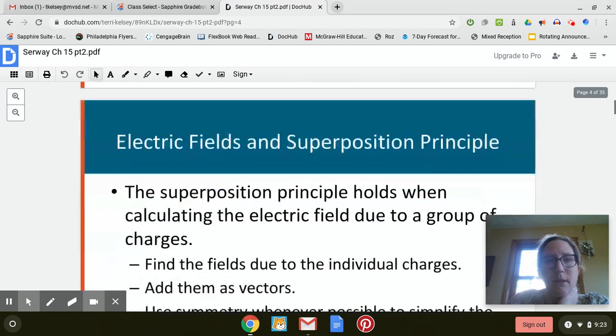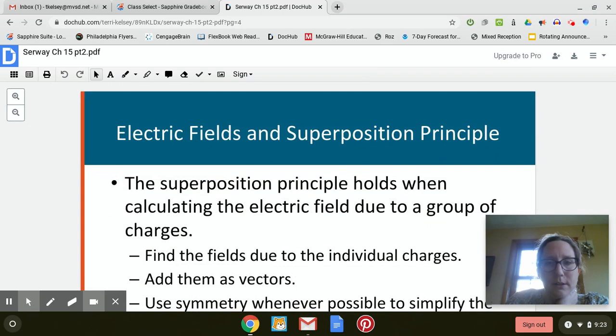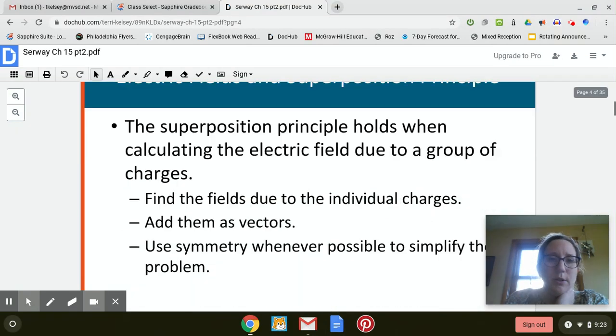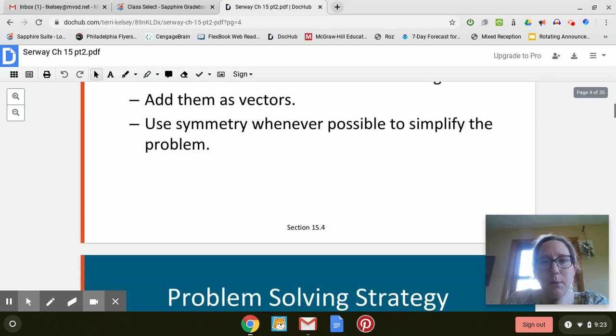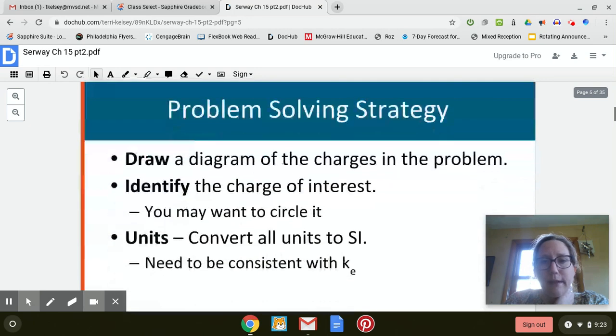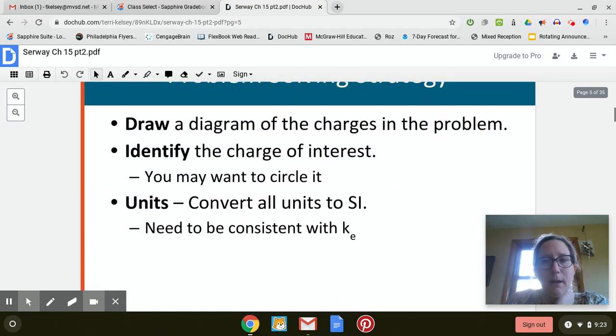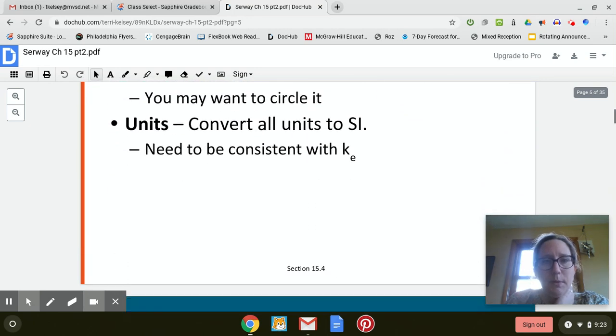Again, a lot like electric force, when we're doing fields, we use superposition. So you're just adding the vectors, breaking them into their components and then adding them together. It's the same problem-solving strategies we've been using all year.